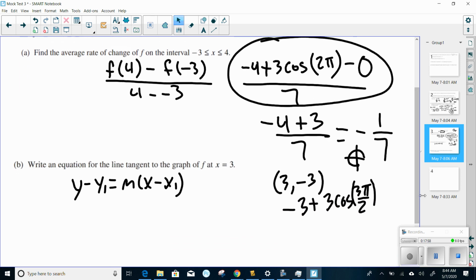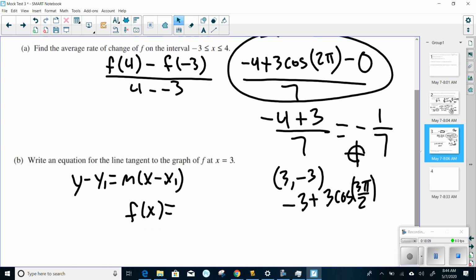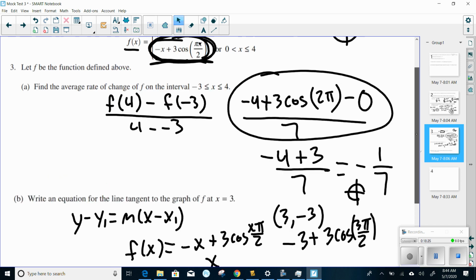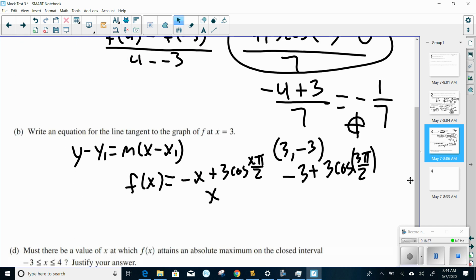So f of x is equal to negative x plus 3 cosine of x pi over 2, and that's when x is between 0 and 4.